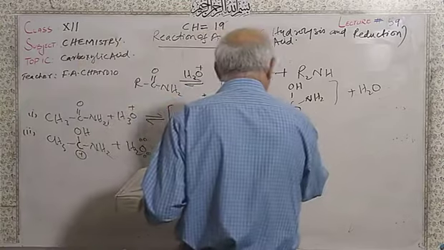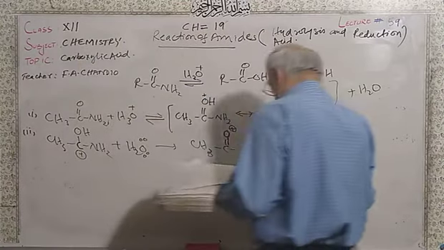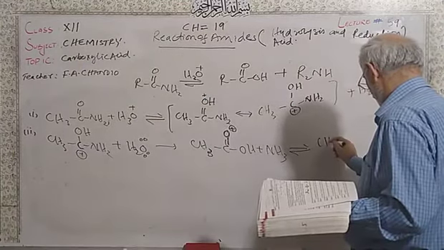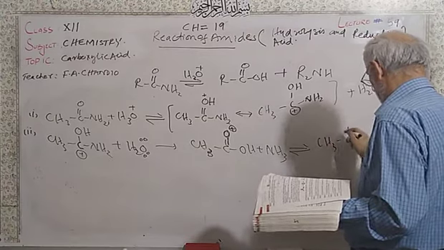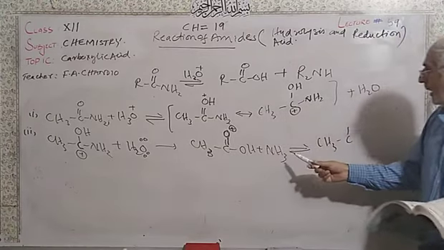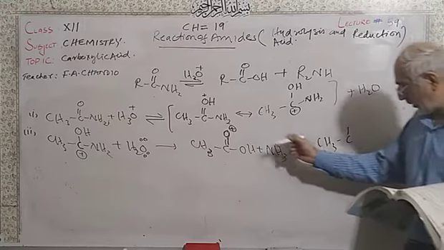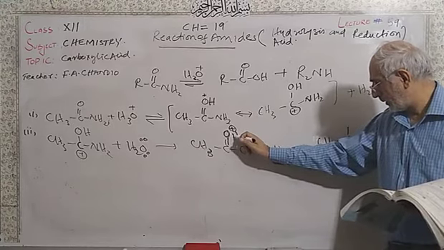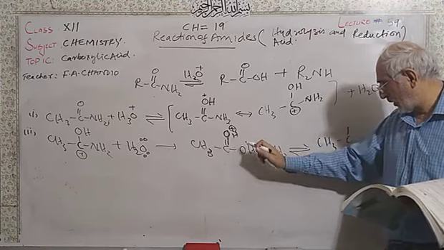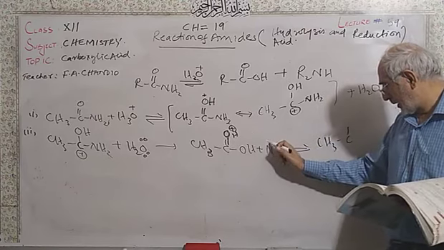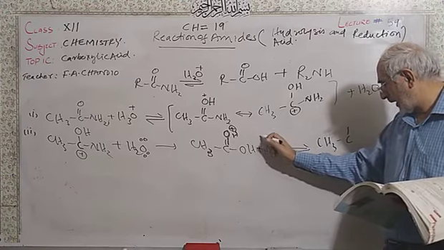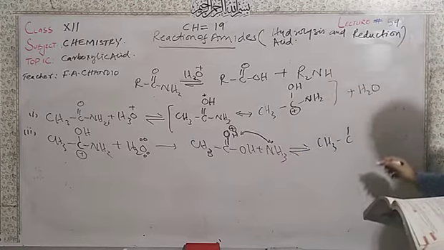Next step. Again there is one hydrogen. This hydrogen is removed, and the nucleophile makes the ammonium ion.